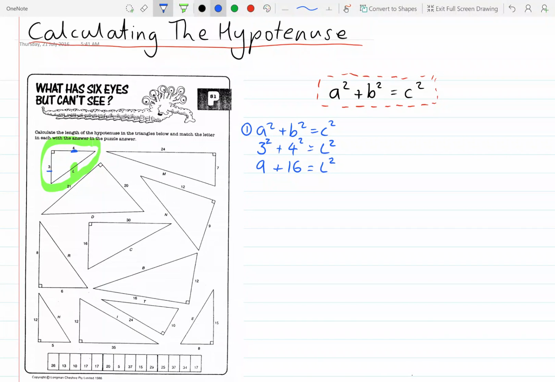Cool. Now next step, just like it says, is to add this 9 and the 16, and we get 25. Okay, so 25 equals L squared, and this is probably the hardest thing to understand calculationally, but if we square root both sides, we square root 25, and we square root the L squared.